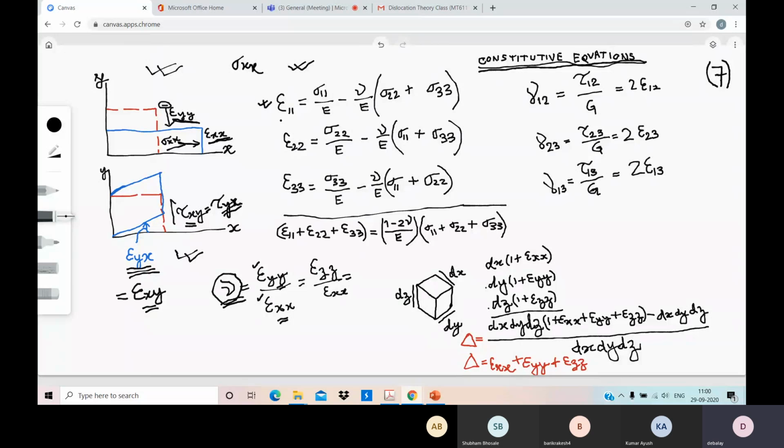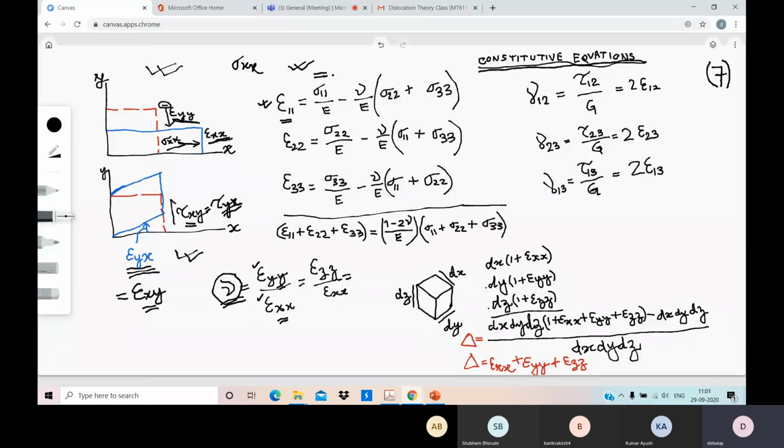So this tells where the epsilon 11 strain component, or epsilon xx strain component, can come from. It can certainly come when there is a normal stress along that direction, the sigma xx component.